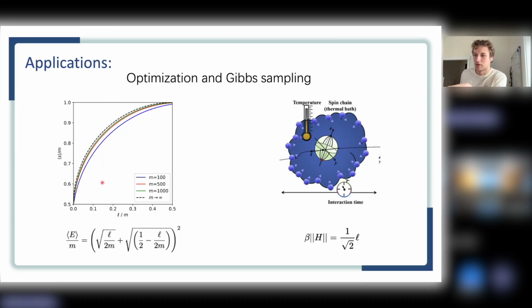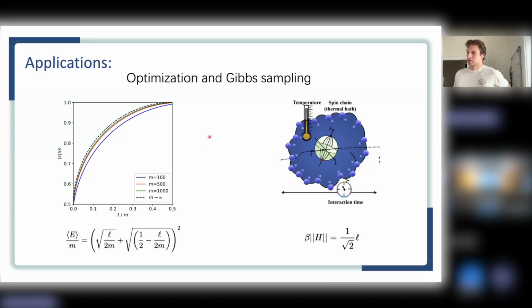Yeah, exactly. You can just invert these scales and think of one as being the ground state energy, and here being the highest energy, and then we get closer and closer to the ground state energy as L increases. This is, by the way, the same form as in DQI.